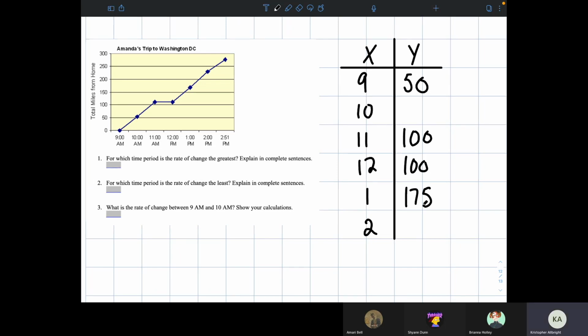And then this is about 225. So if we work this, or I'm sorry, this goes with 50.